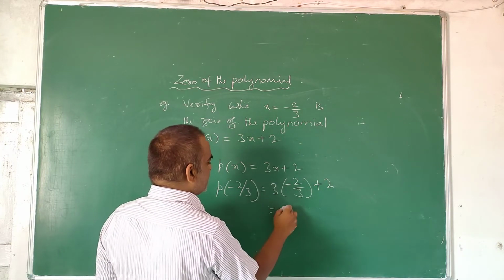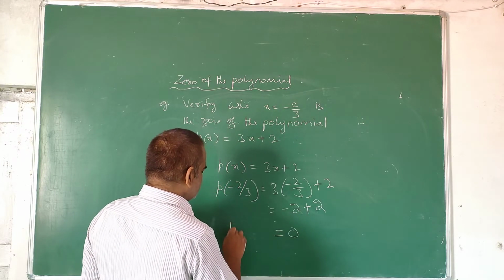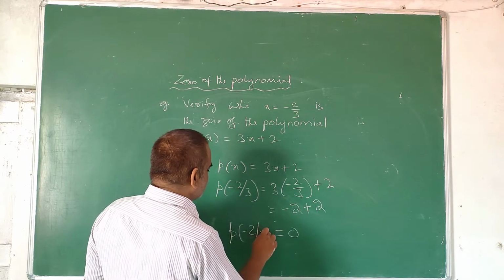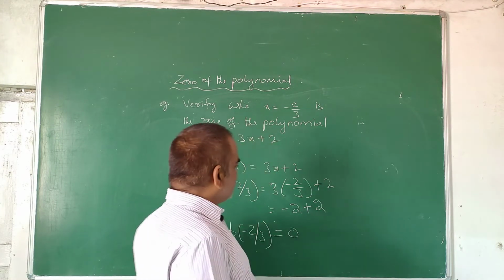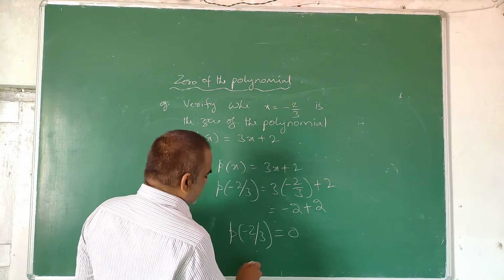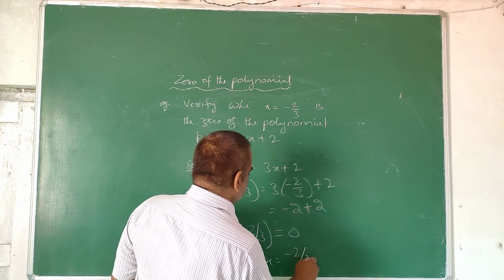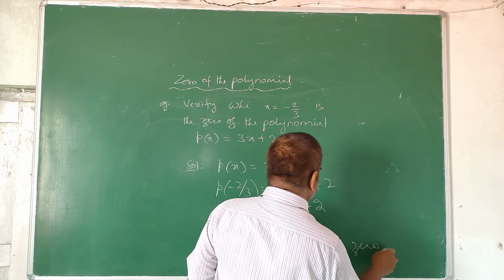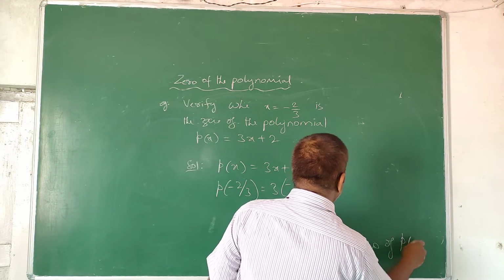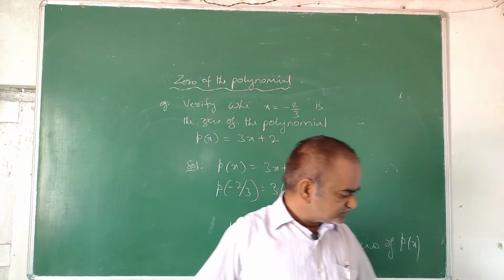Then 3 gets cancelled, minus 2 plus 2, which is 0. So p of minus 2 by 3 is 0. What does it mean? It means that x is equal to minus 2 by 3 is the zero of p of x. Understood?